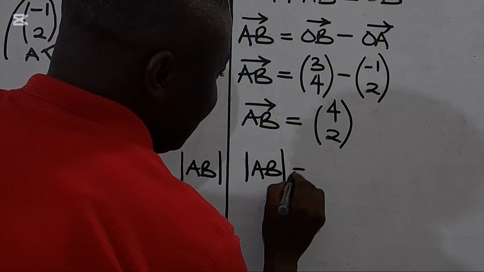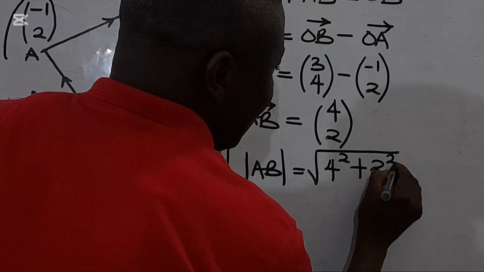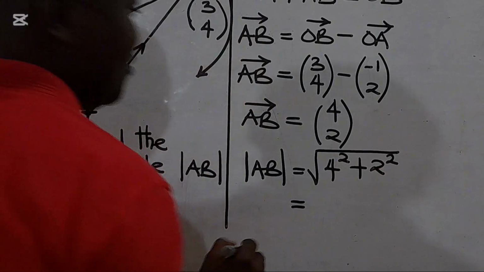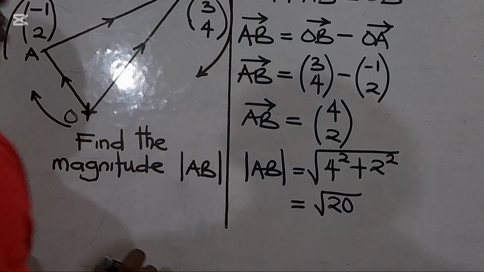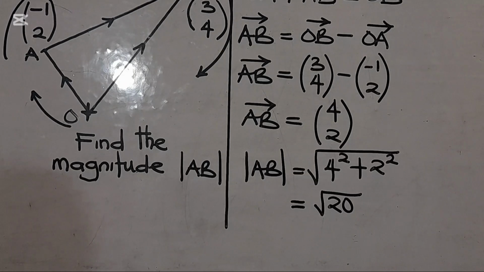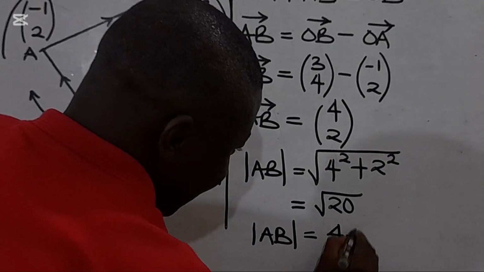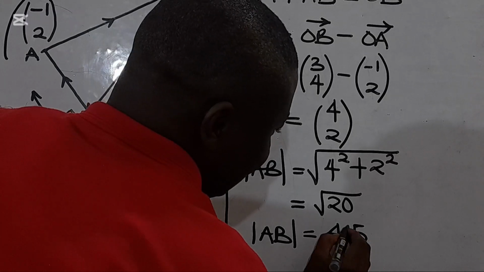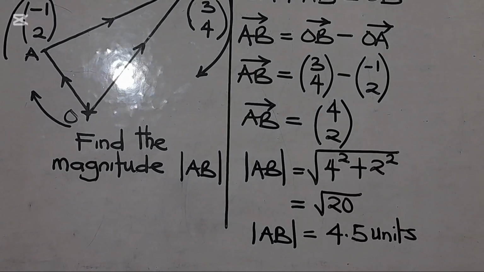The magnitude of AB is root of 4 squared plus 2 squared. 16 plus 4, 20. That will give us root 20. On your calculator, AB is about 4.5 units. So that is for that.